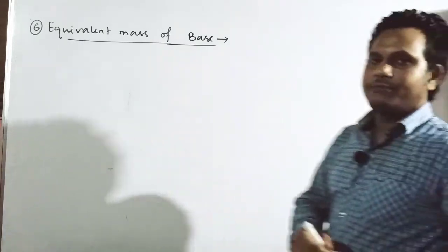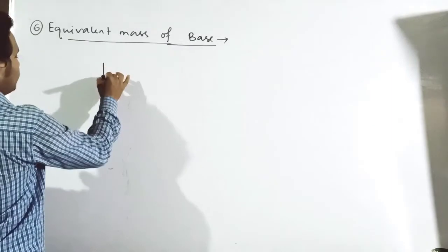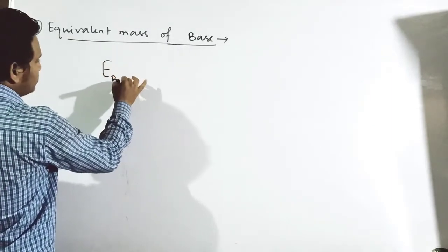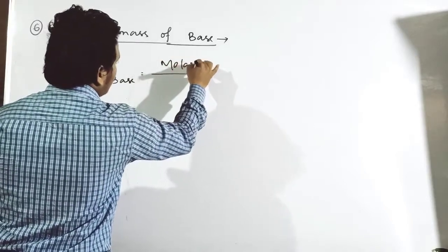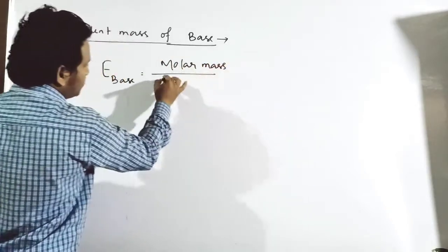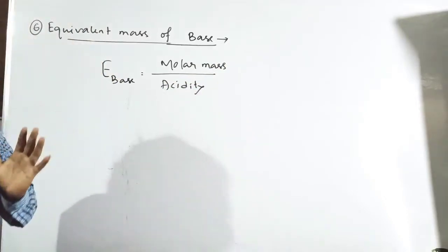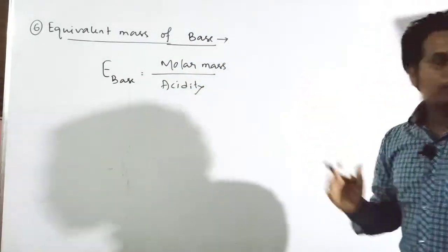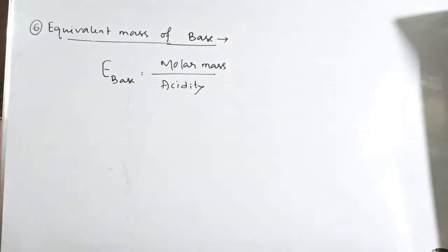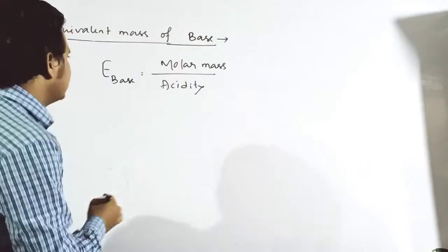So the definition for calculating equivalent mass. For base we use molar mass divided by acidity. So how can we know the equivalent mass of base? The formula is molar mass divided by acidity. Molar mass by acidity. Okay. What is acidity?